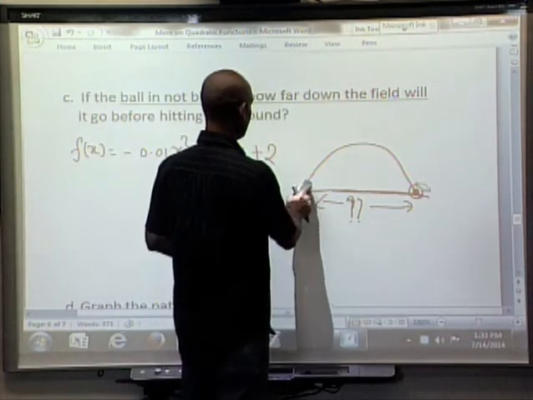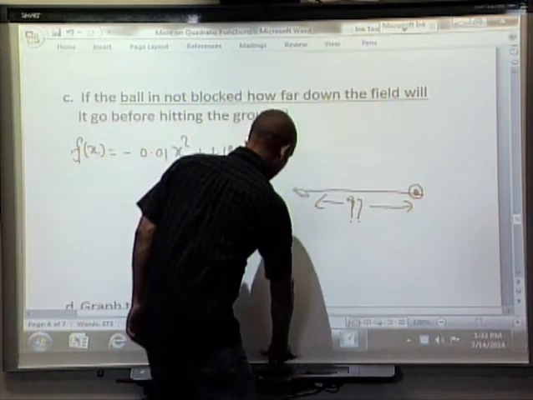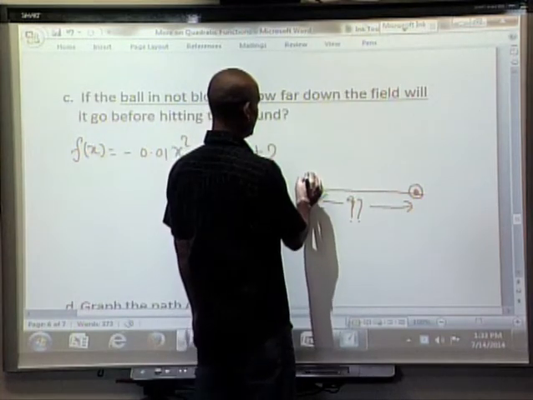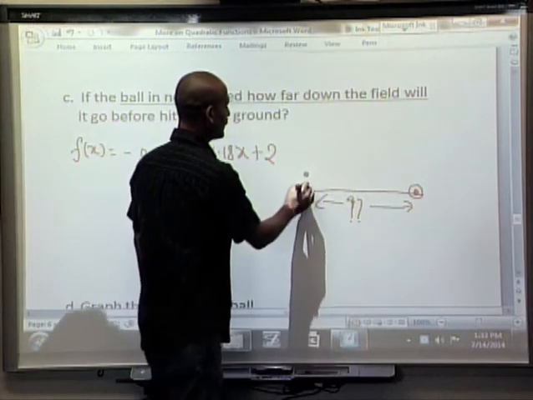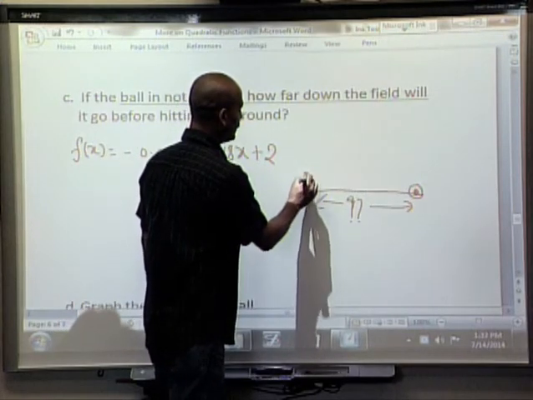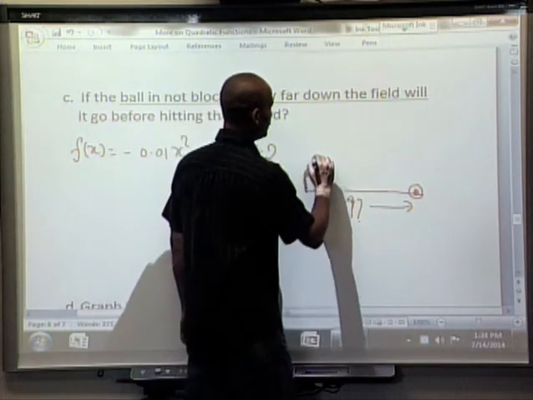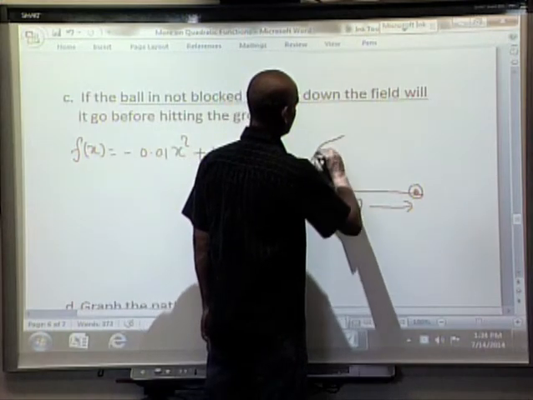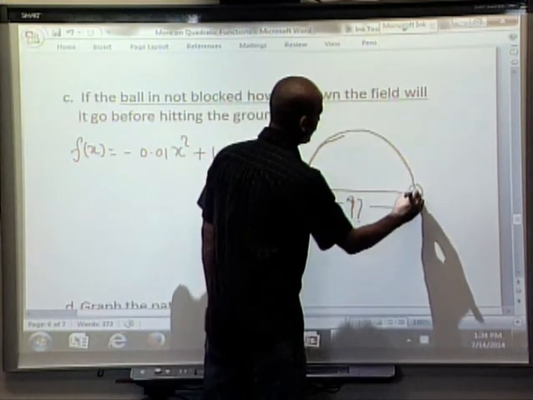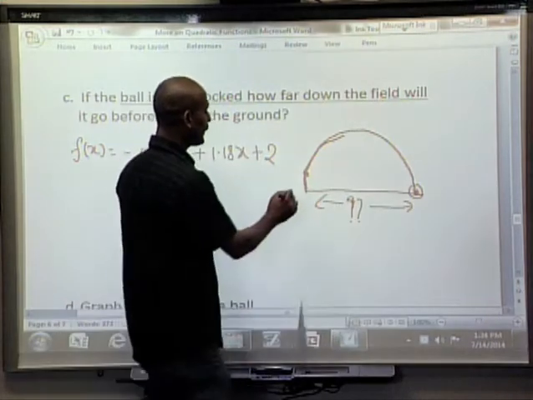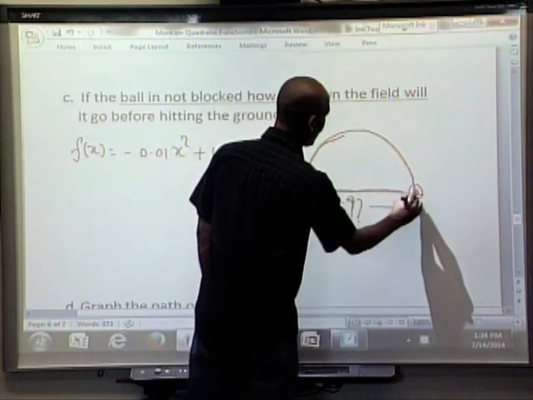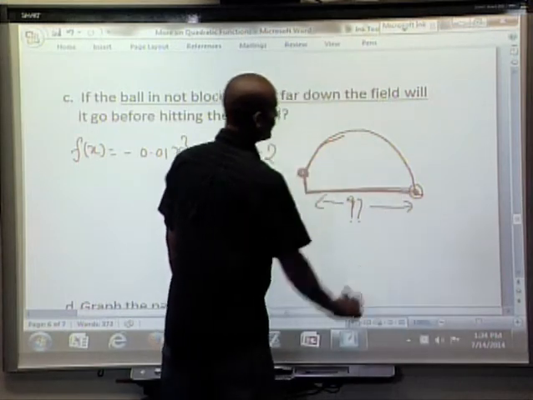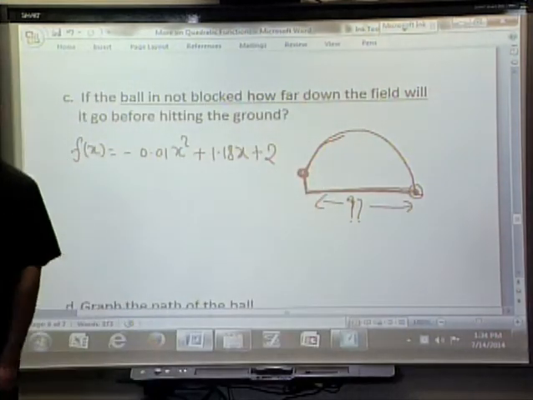See, the ball, this is the kicker's leg. So, the ball initially was here, it took this path and it comes down up to here. So, this is the initial position of the ball, and we want to know how far horizontally the ball traveled.